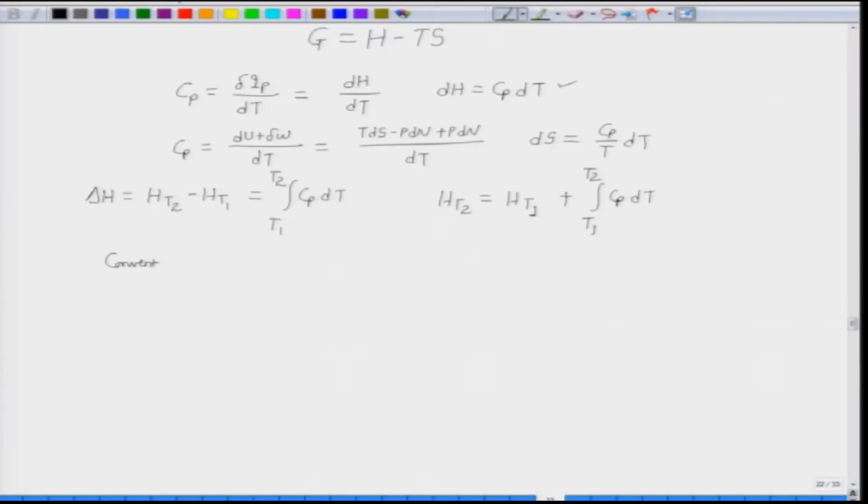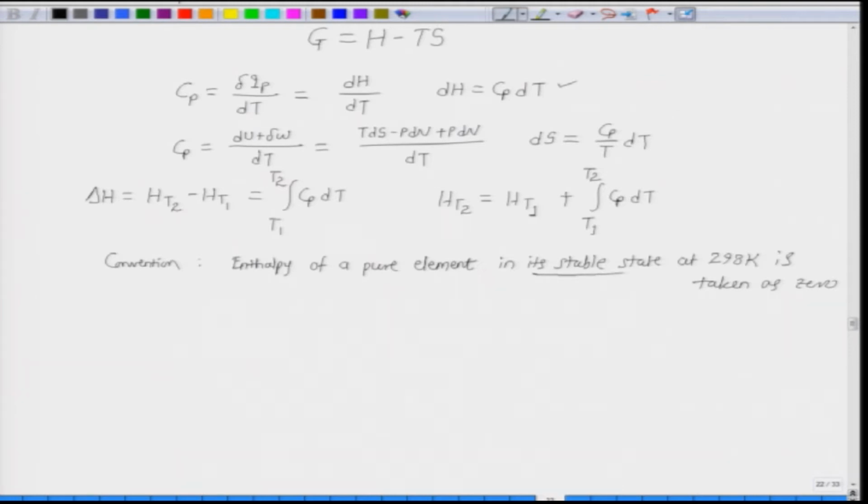So, typically the convention for enthalpy is that the enthalpy of a pure element in its stable state at 298 Kelvin is taken as 0.